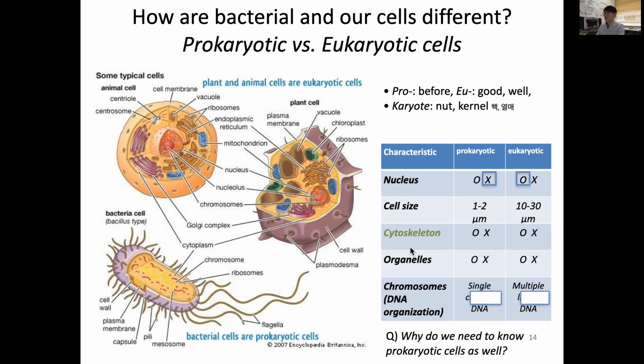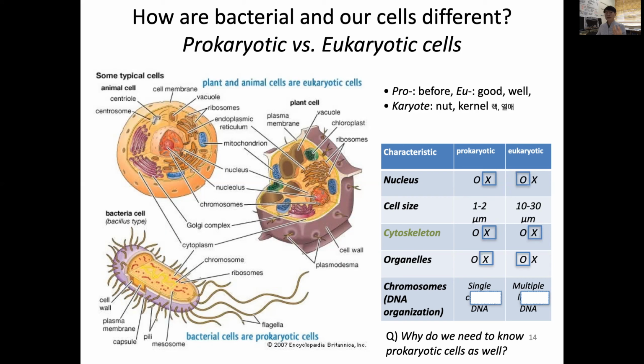So this leaves bacteria having no cytoskeleton, but eukaryotes need a cytoskeleton. And organelle-wise, this small size of bacteria does not need specialized organelles, while in eukaryotes we have much more complicated functions being performed, so it requires specialized organelles.